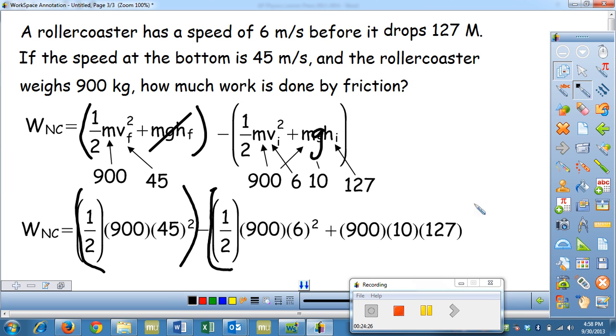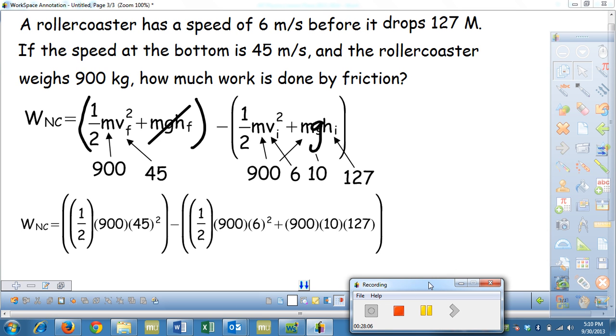Next, I'm going to make this look neat by pausing and redoing it. Okay, I'm back. Boy, that was hard.